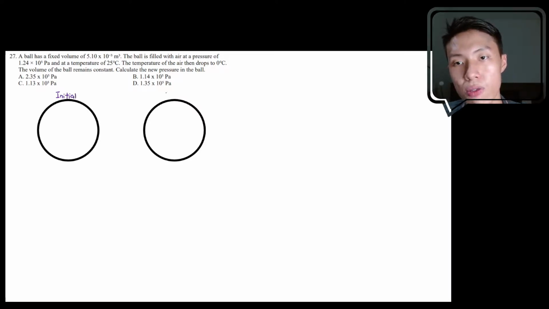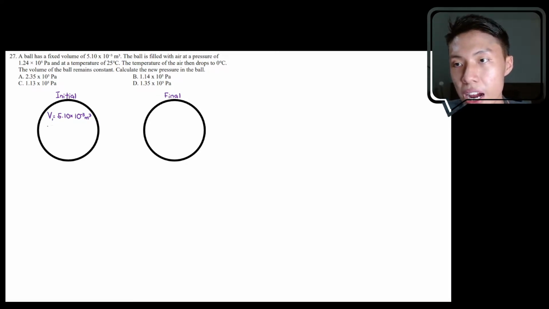So let's try to fill in all the information we have regarding the air in it. Initially, this ball has a volume of 5.10 times 10 to the power of negative 3 meters cubed. Let's call it V1, the volume in the first situation.